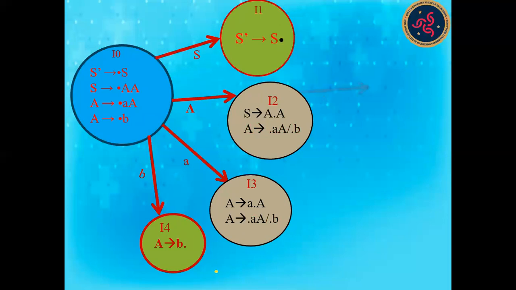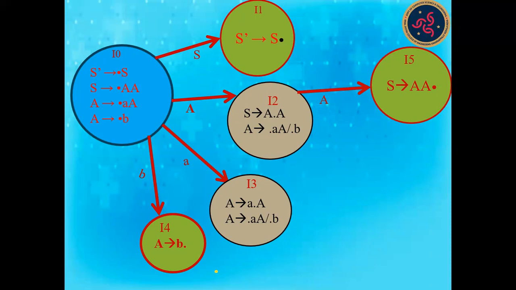So a new state can occur. Here I have a new state, that is S gives A dot. Here the dot has come at the rightmost end of this production, then we can say the state I5 is a closed state.